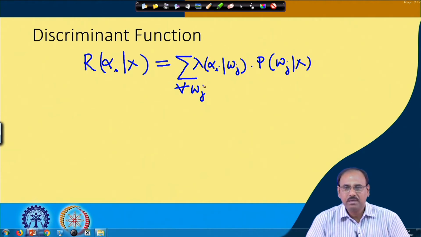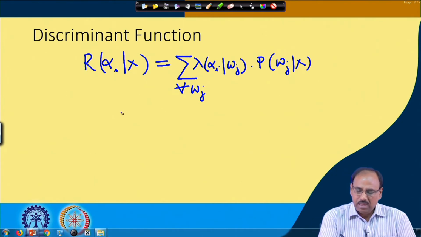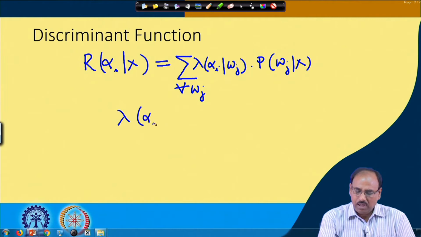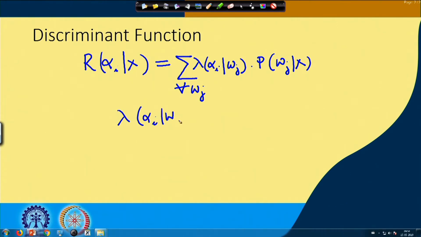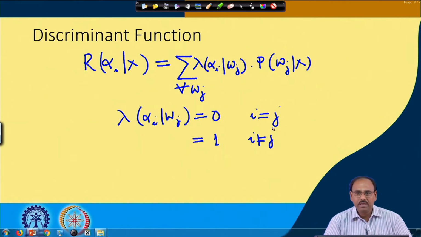As we said, under a specific case, when lambda of alpha i given omega j is equal to 0 for i equal to j, and equal to 1 whenever i is not equal to j, that means for every correct decision the loss incurred is 0 and for every incorrect decision the loss incurred is 1.